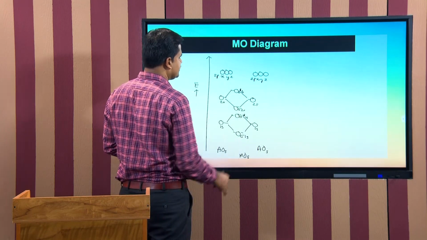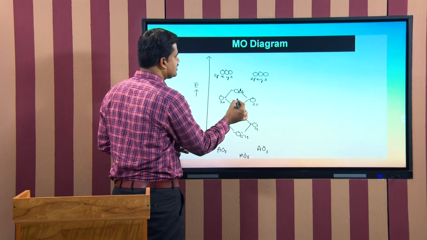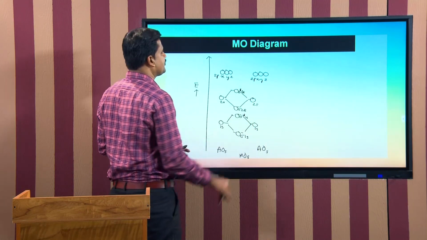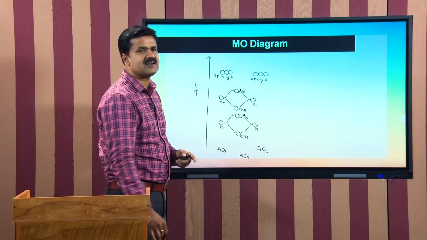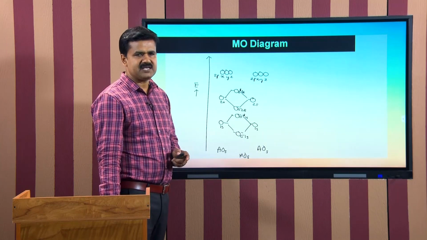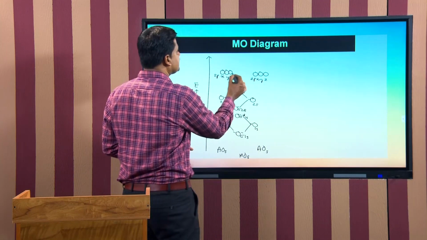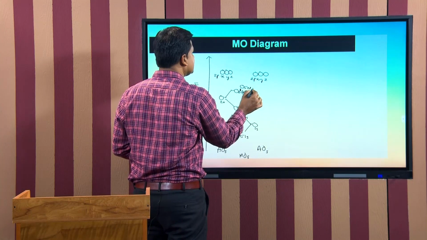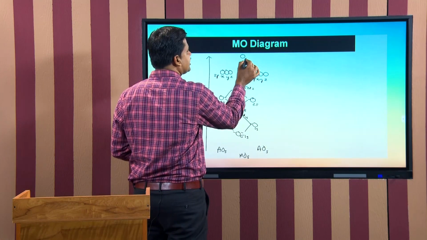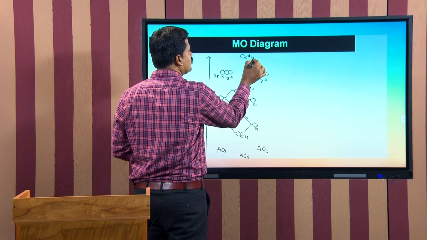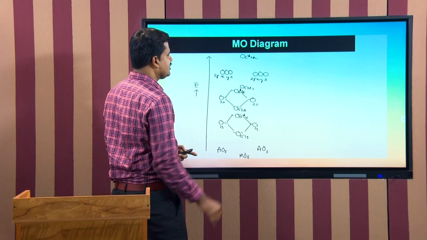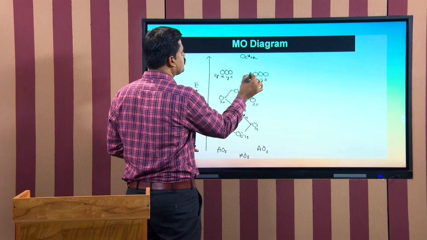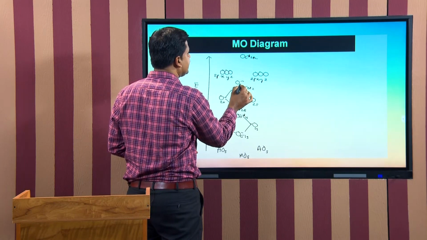This is sigma 2s, this is sigma star 2s, and now we are mentioning the overlapping of the 2pz orbitals. 2pz will combine together to produce sigma 2pz. Its antibonding level is at the high energy position, that is sigma star 2pz. Then lateral overlap of 2px and 2py leads to the formation of doubly degenerate levels.